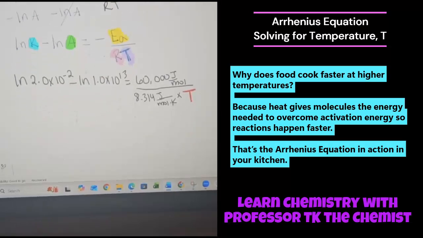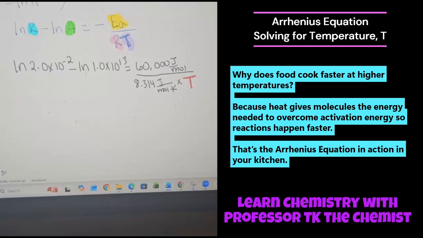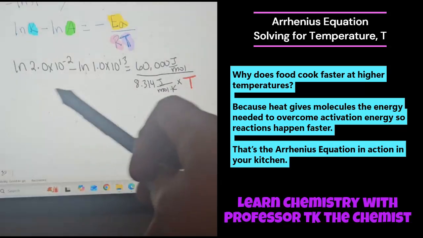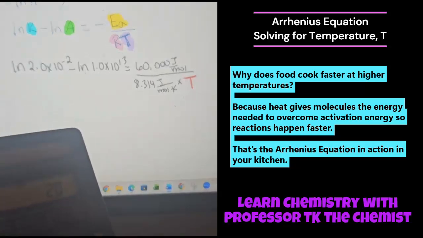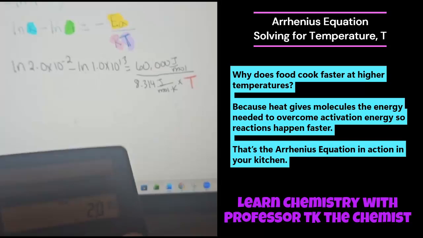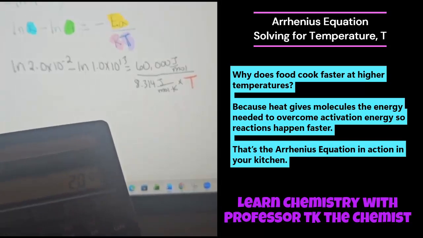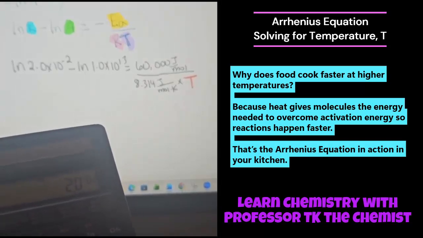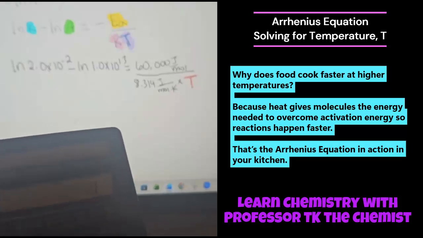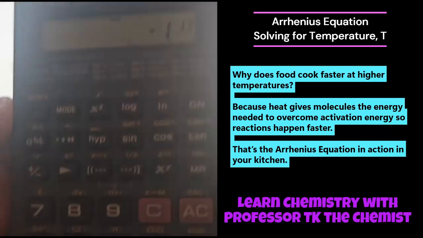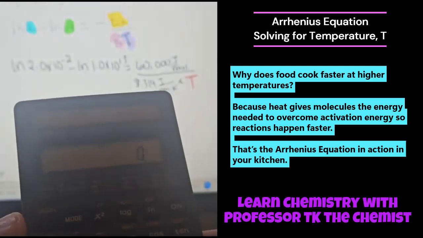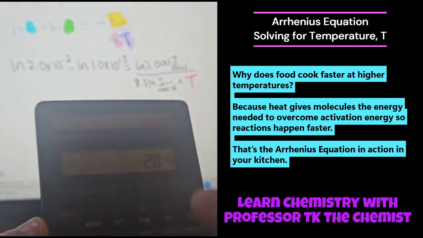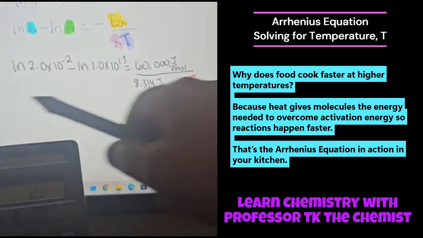Now I'm going to scoot everything up so we can finish this off. Do the math part right here. What's 2.0 times 10 to the negative second minus 1.0 times 10 to the 13th? Do that part and then get the natural log of that, because you're going to have to take the natural log of both.